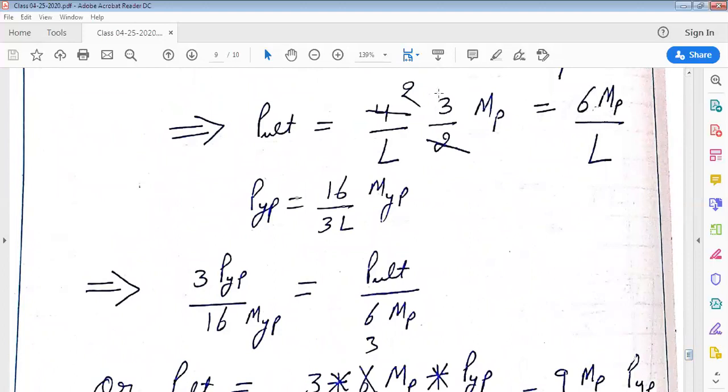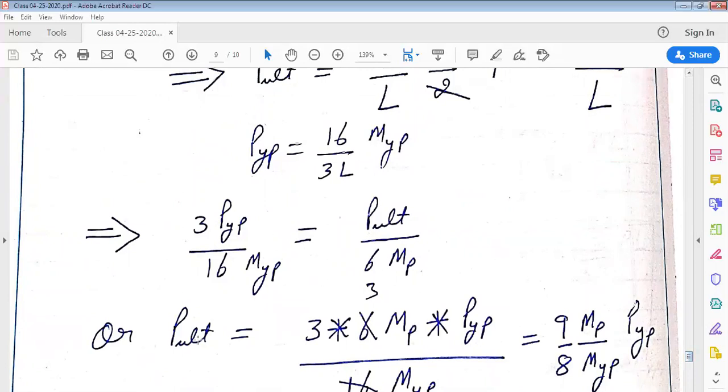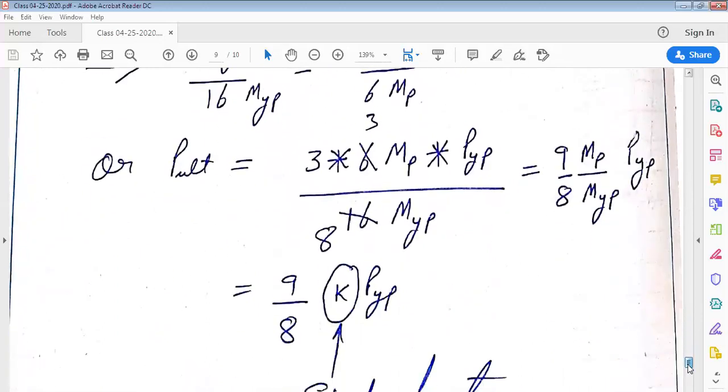From the expressions of the plastic limit load and the yield point load, we can now write 3 PYP by 16 MYP equal to P ultimate by 6 MP. And from this expression, P ultimate comes out to be 9 by 8 MP by MYP into PYP.